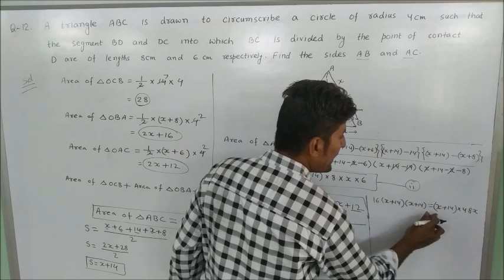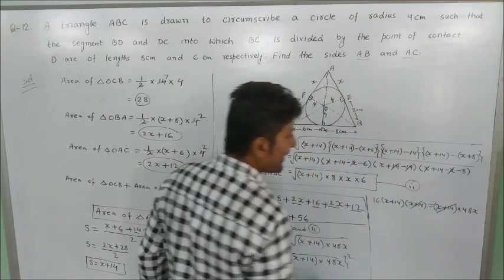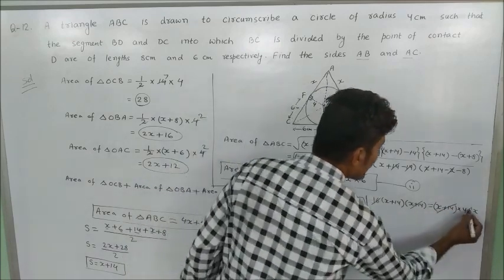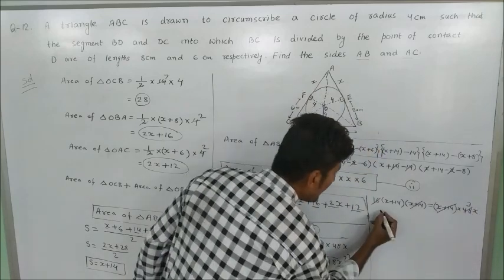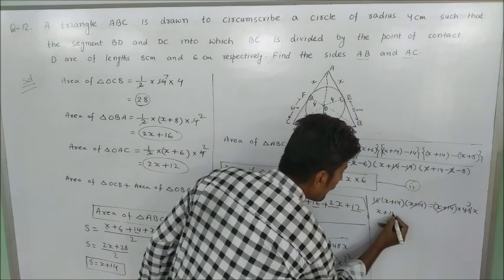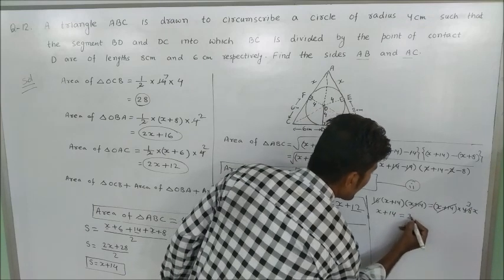Now x plus 14, x plus 14, these two terms will cancel. Now 16 3s are 48, and finally we can write x plus 14 is equal to 3x.